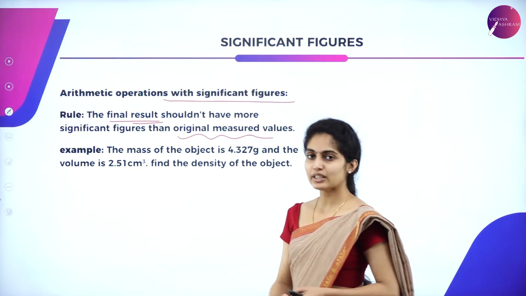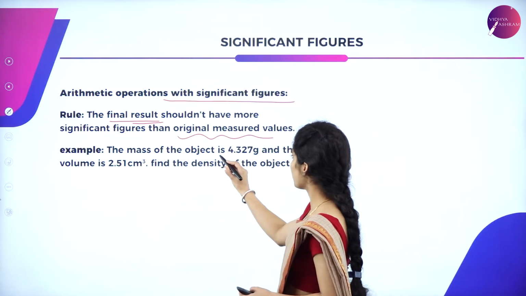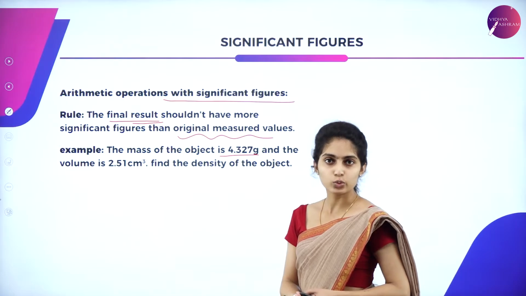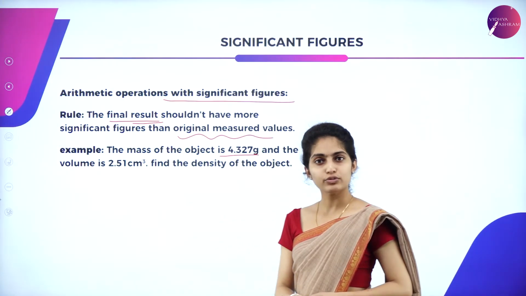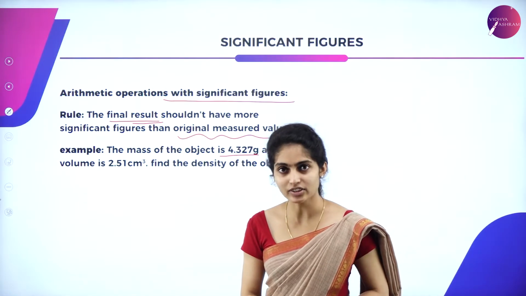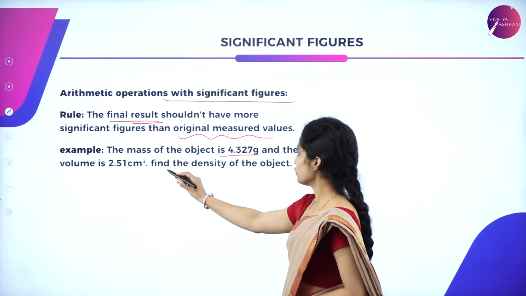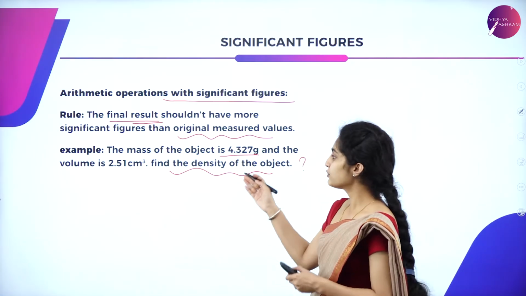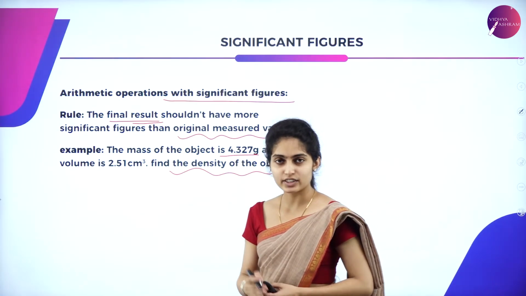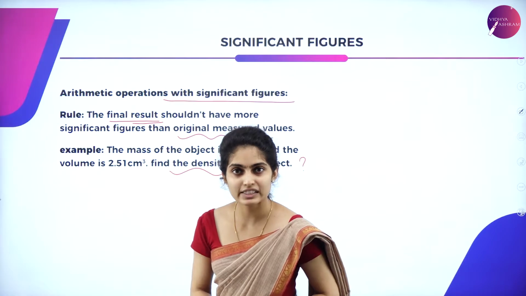So for example, I have taken the mass of the object as 4.327 grams and the volume as 2.51 centimeter cube. So we have to find the density of the object. So what is the formula for the density?